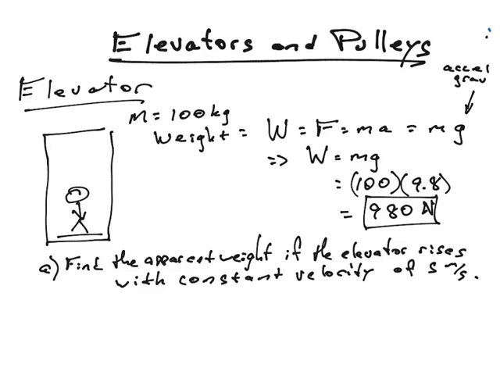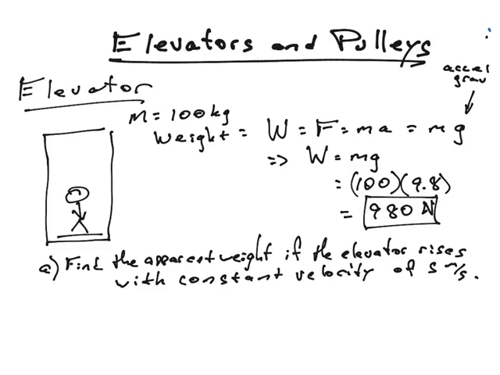It may be different than your real weight. That's why we call it apparent weight. It might not be your true weight. And of course, we know, if you're in an elevator and the elevator's moving, sometimes you feel heavier than normal. It's like you're being pushed into the ground. Sometimes you feel lighter than normal. Maybe it feels like you're being raised up off the floor.